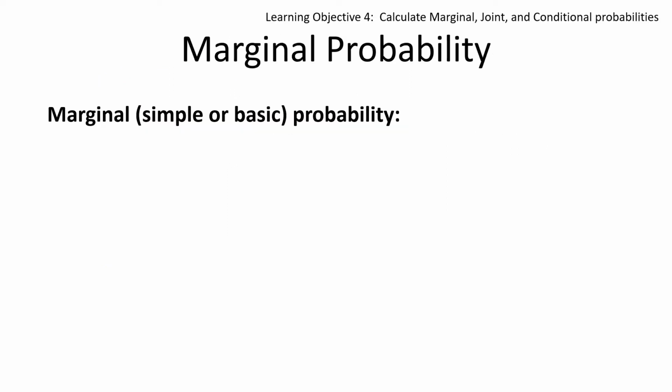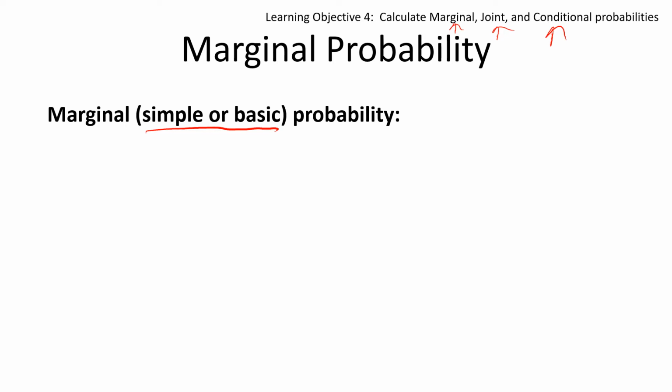But now let's look at the first learning objective: calculate a marginal, a joint, and a conditional probability. So let's look at the marginal first. A marginal probability, also called a simple or basic probability, is the basic unit of probability. It is the unit of probability when you're talking about the margins.